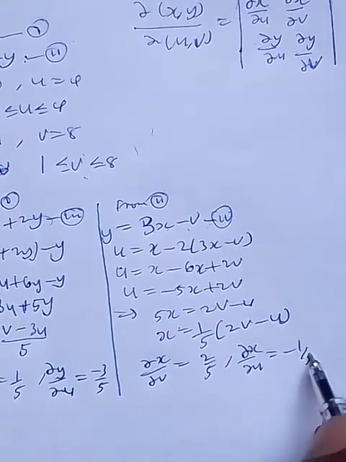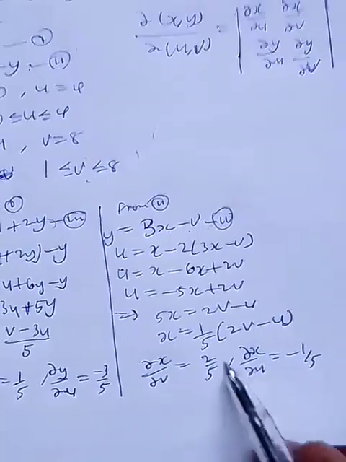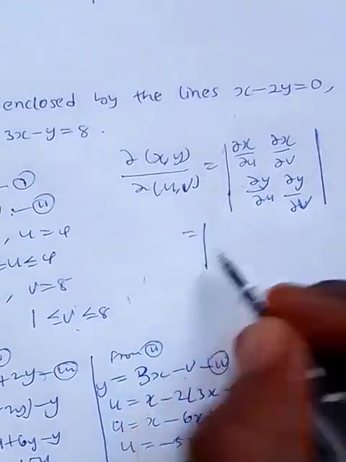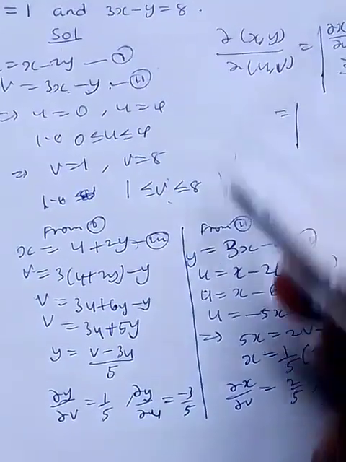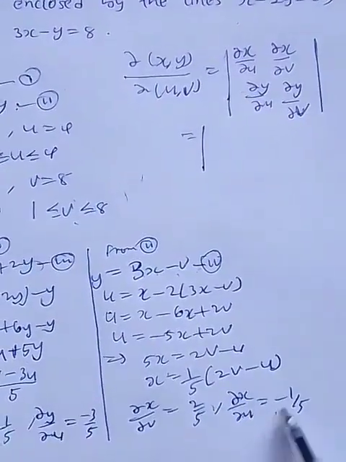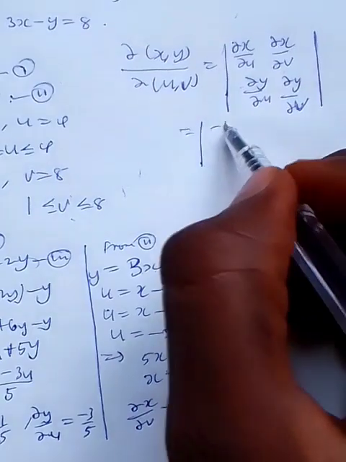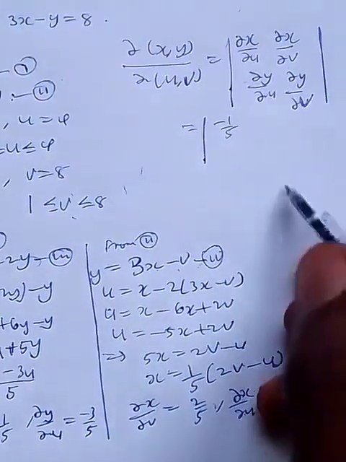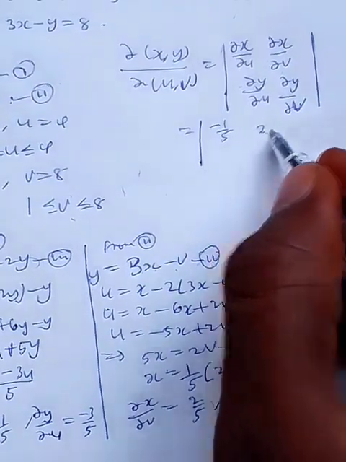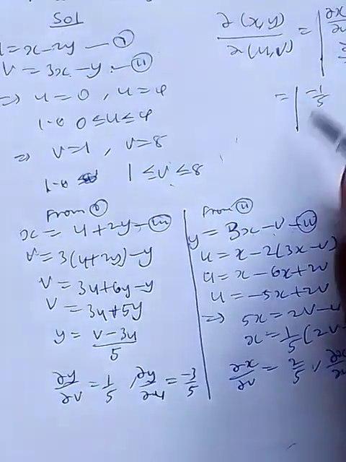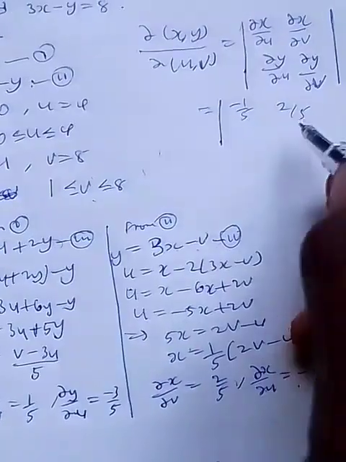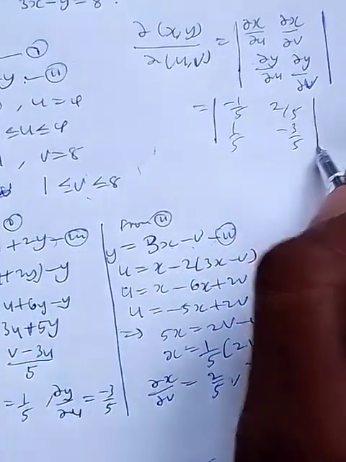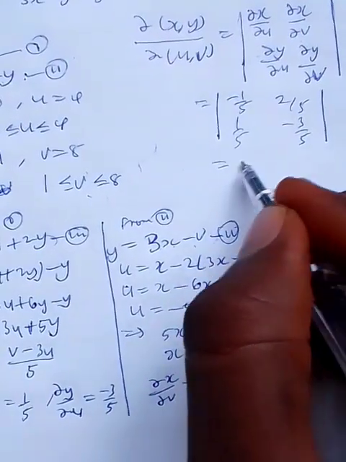We can now plug in our values into our Jacobian transformation. So for partial x partial u, we have minus 1 over 5. Partial x partial v, we have 2 over 5. Partial y partial u, minus 3 over 5, and partial y partial v, 1 over 5. We can now evaluate our Jacobian.